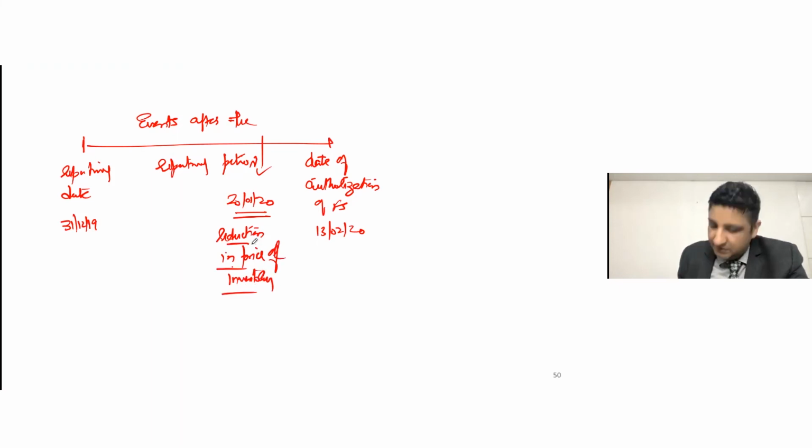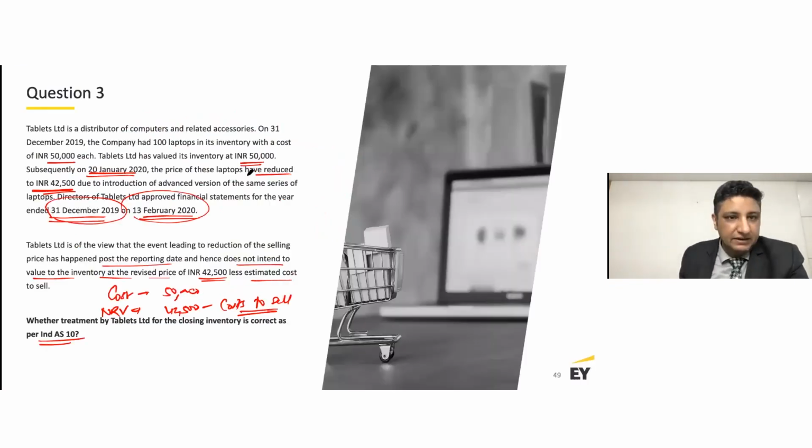There is a reduction in the price of inventory to the extent of 42,500. Now, essentially, this trigger is there, which is suggesting that it is indeed an example of an event after the reporting period. Okay, so how do we treat that? Of course, the management's view is this, that since this has happened post the reporting date, there should not be any adjustments made around that.